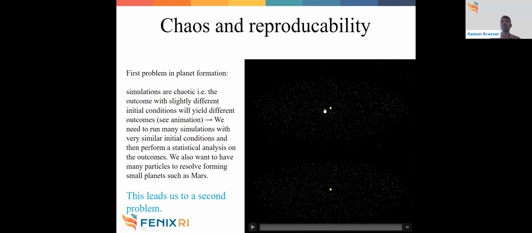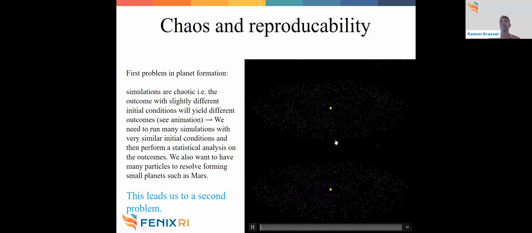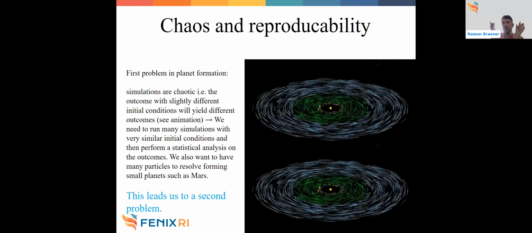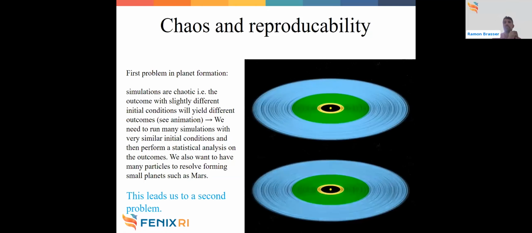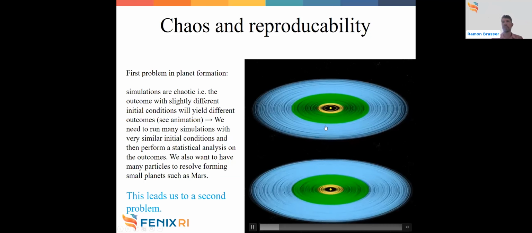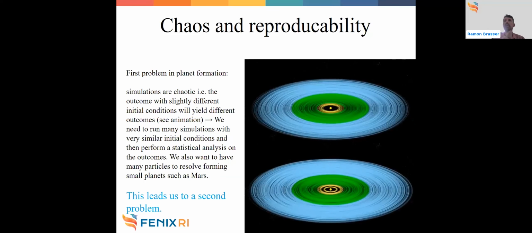So here's an animation of a disk of planetesimals in the top and in the bottom panel, and they are essentially the same initial conditions, right? There's only a tiny little bit of difference between them. So this is being sped up, and we are now tracing the orbits of all the stuff as it is colliding together and as things are moving around.